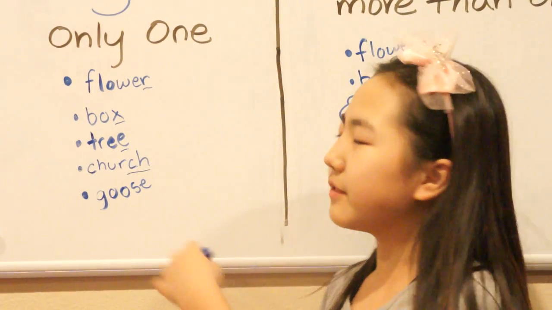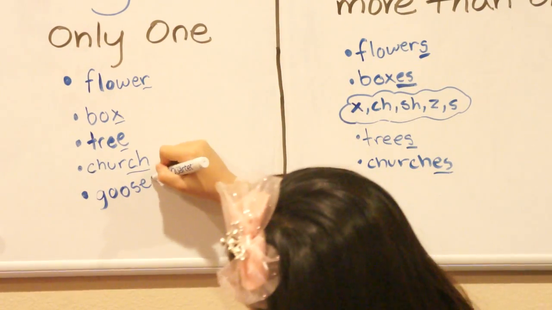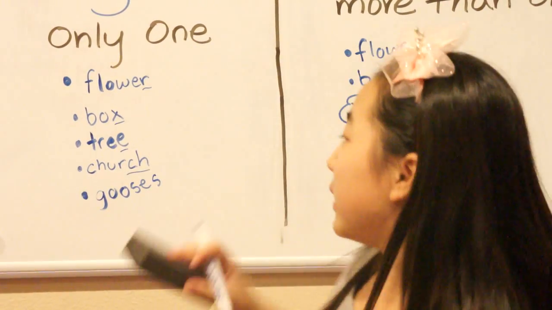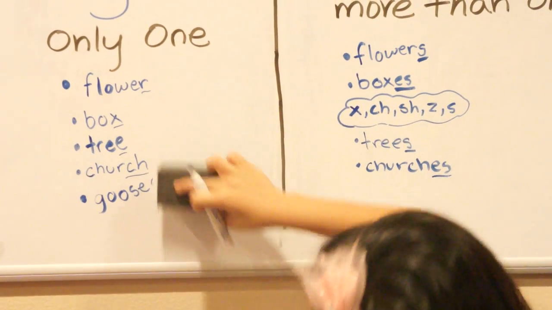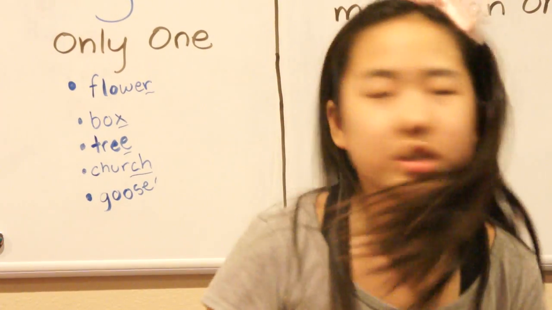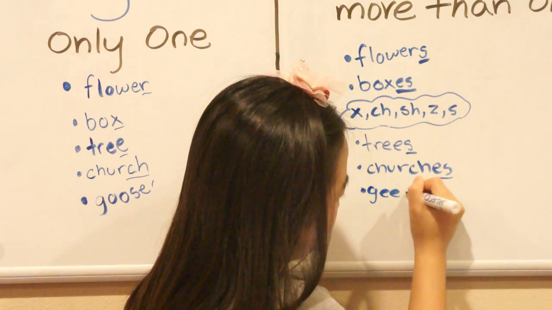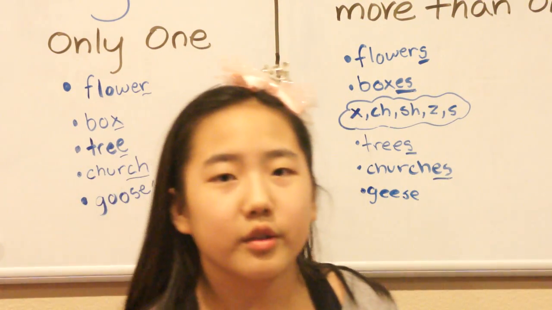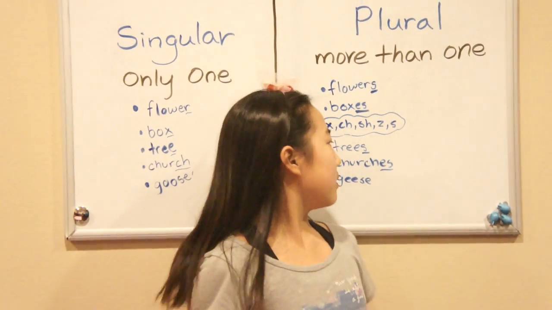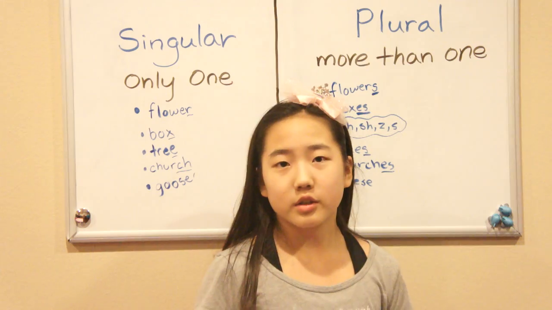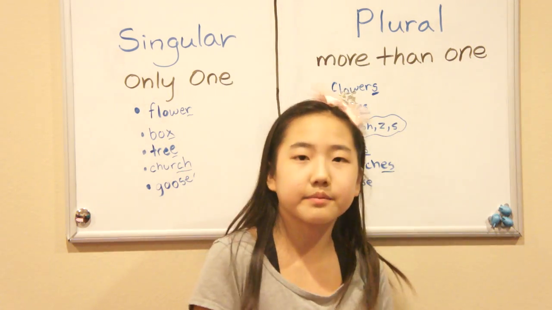That's kind of like a duck, but since it's E, you would usually add an S, right? But you don't. That would sound weird. Gooses. So you just change it to geese. You have to memorize all of these. There's no exact trick for this, so this is a little bit harder. So we're only going over S and ES in this lesson.